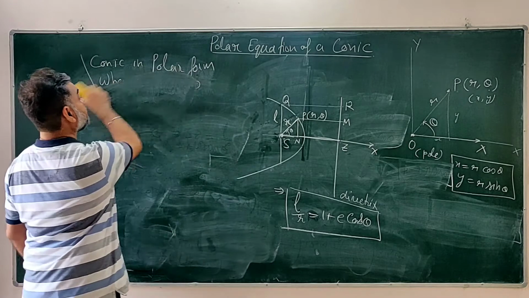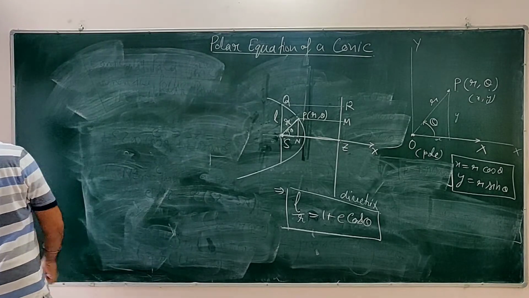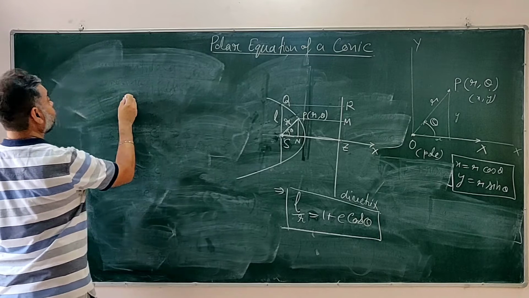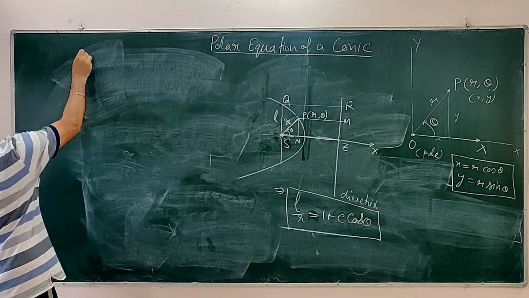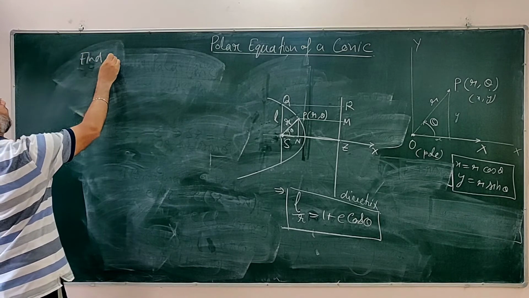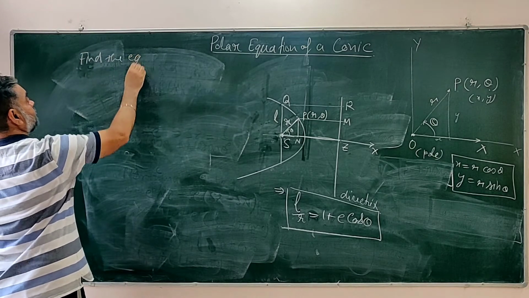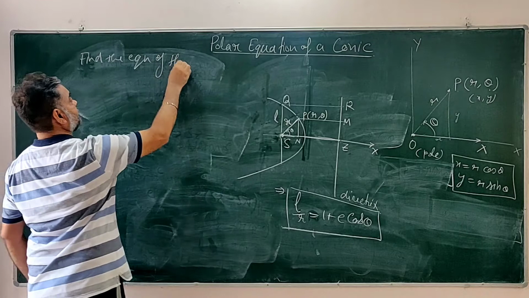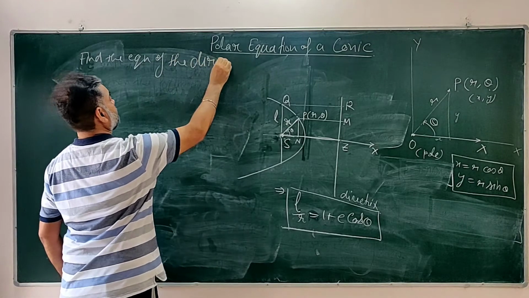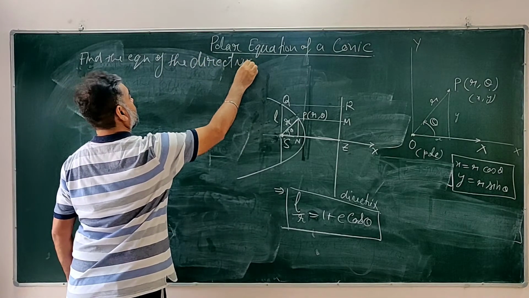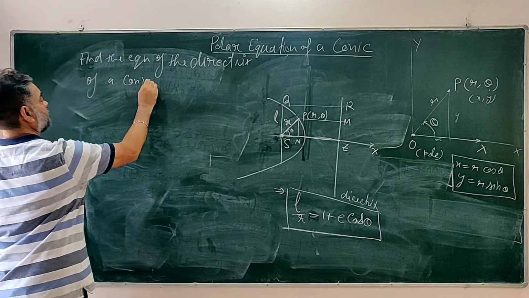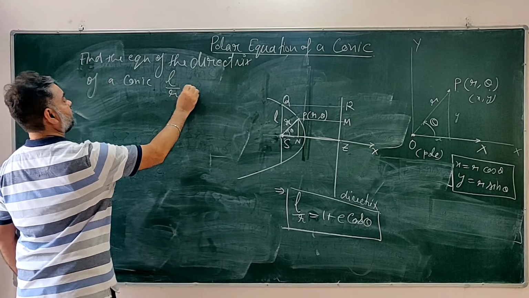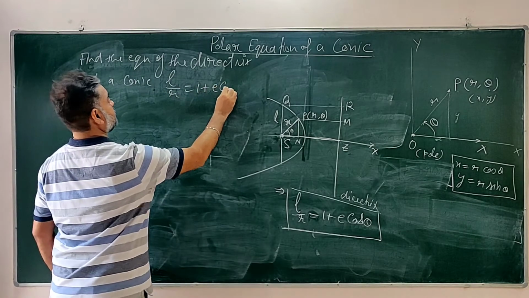The next article is the equation of the directrix. If you are given a conic, find the equation of the directrix of a conic whose equation is L over r is equal to 1 plus E cos theta.